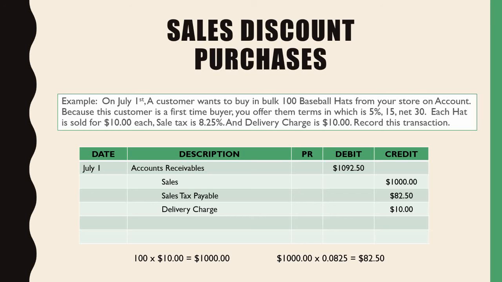Delivery charges, freight charges can never be taxed, so it's always going to be added at the very end. Sales tax can only be on the product that you sell. So this is exactly how we have it here. Therefore, this customer owes me a grand total of $1092.50.